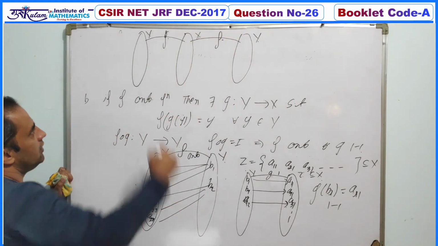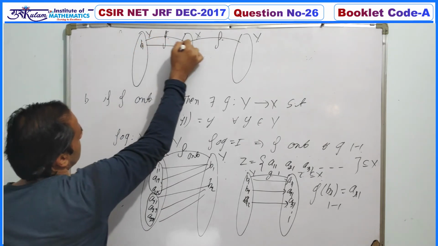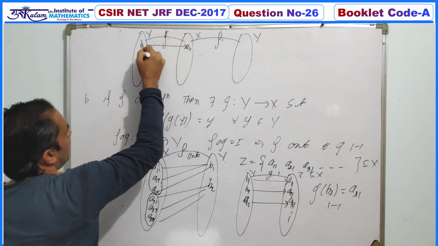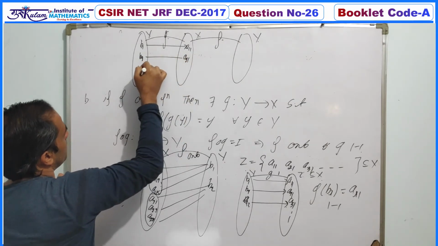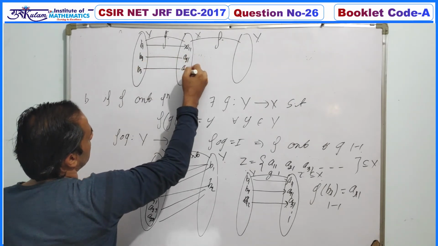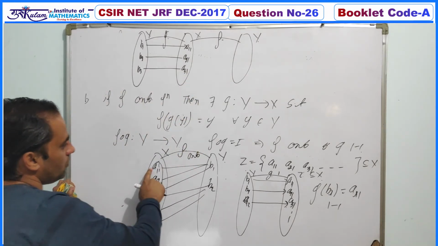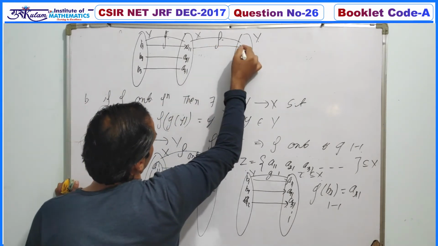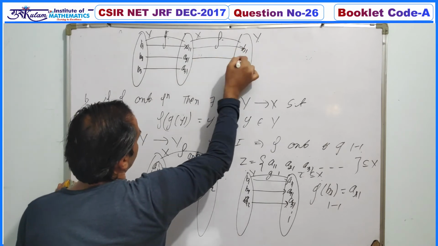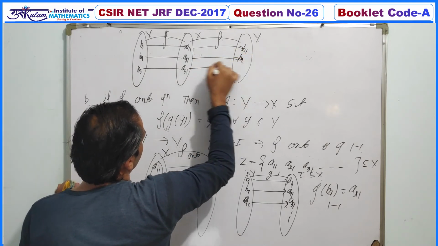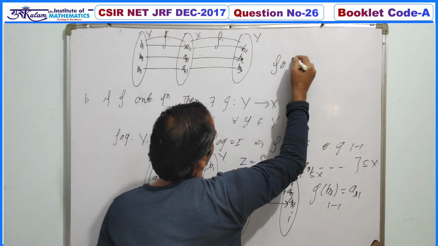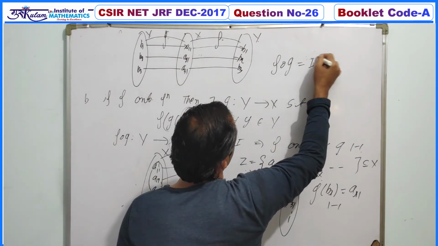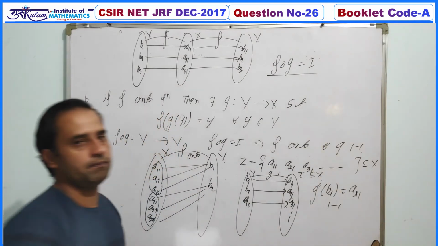So in g, the image of b1 is a11, the image of b2 is a21, the image of b3 is a31, and in f, the image of a11 is b1, the image of a21 is b2, the image of a31 is b3. That is, this function f of g is the identity function from y to y.